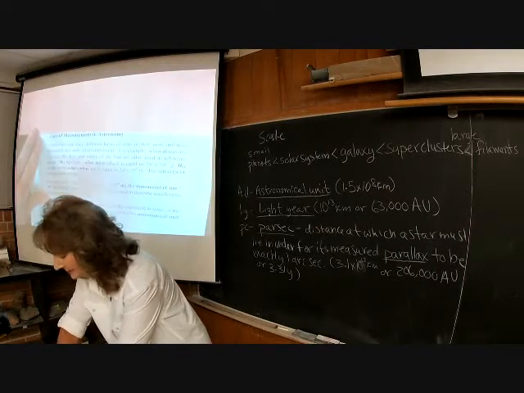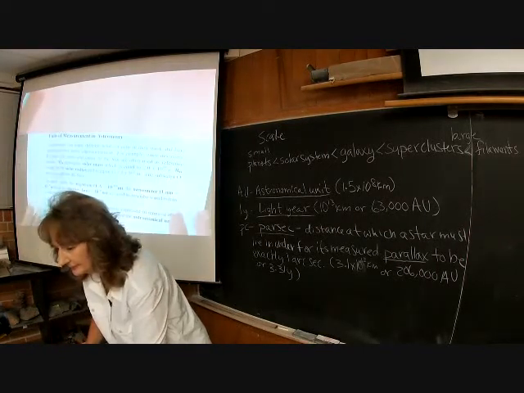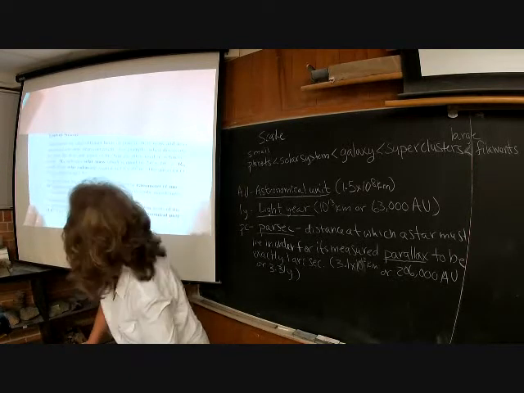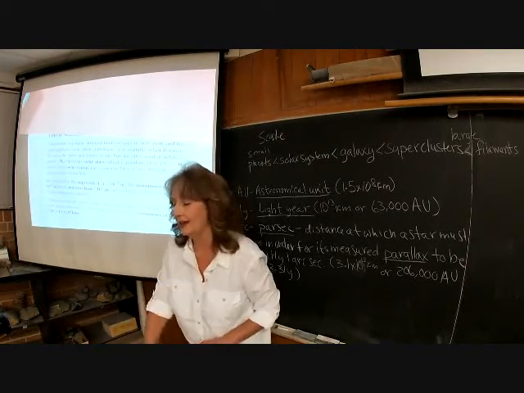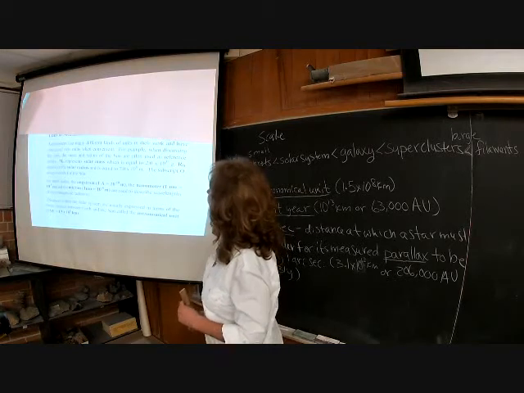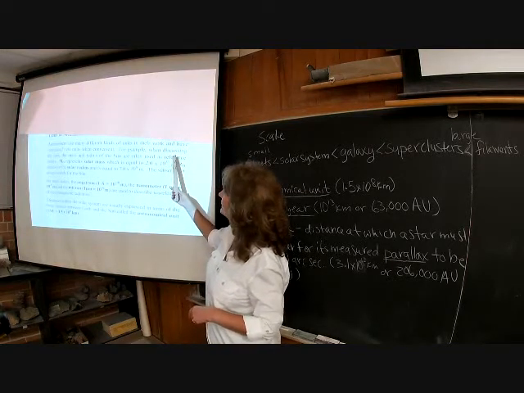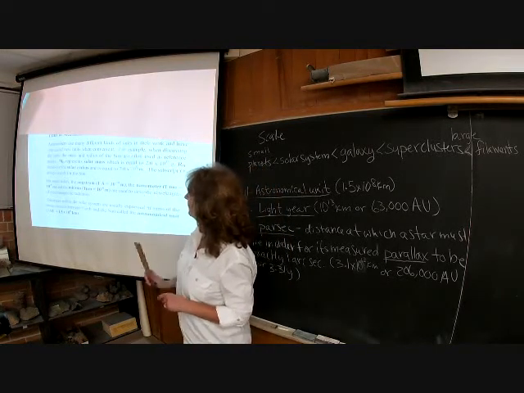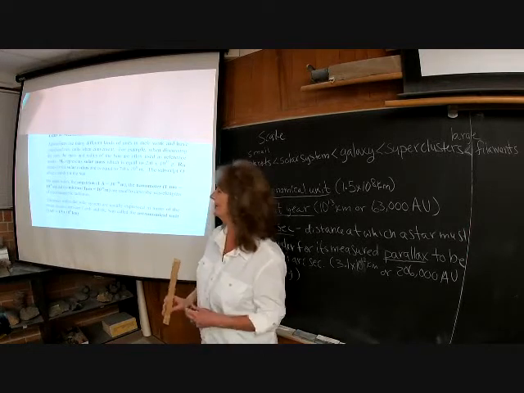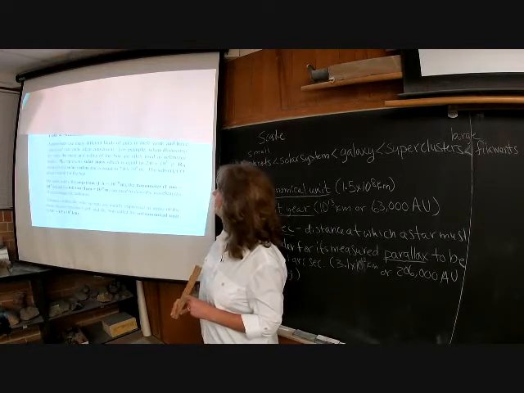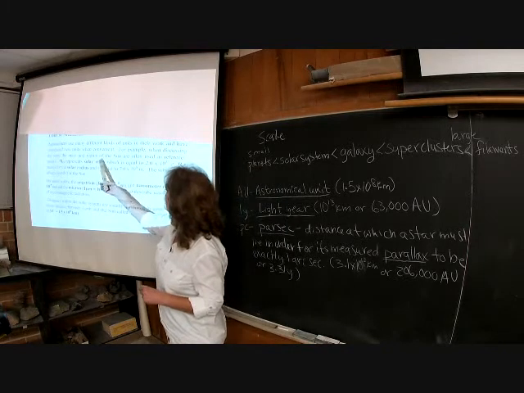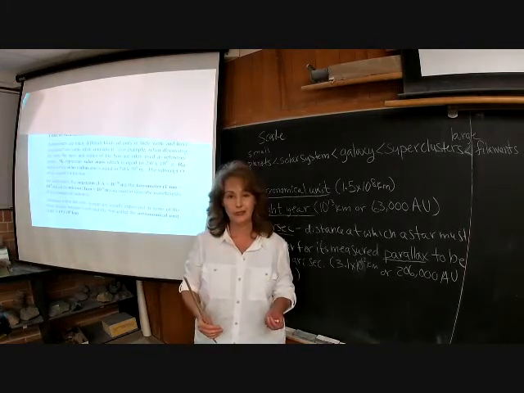So, different kinds of units in astronomy. Depending on what they're doing, they might use a different unit, and they've introduced new units, as we mentioned. A lot of times they're going to use the sun as a reference.